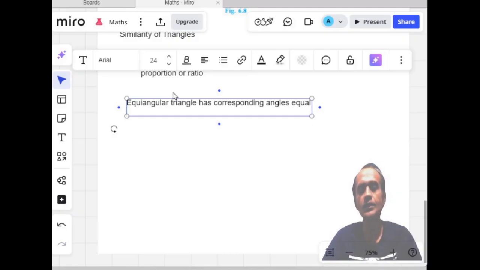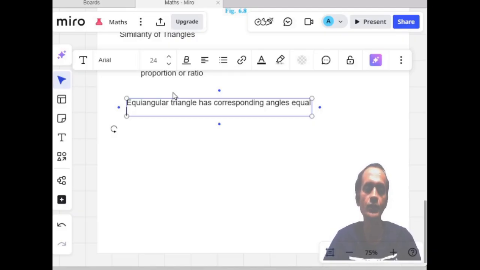He stated one remarkable truth or property about equiangular triangles, that their sides will always be proportional.